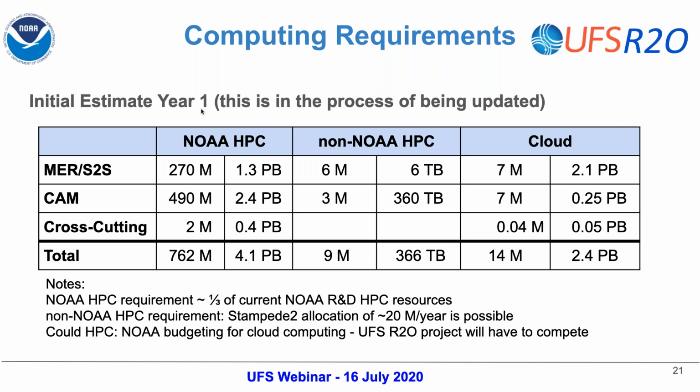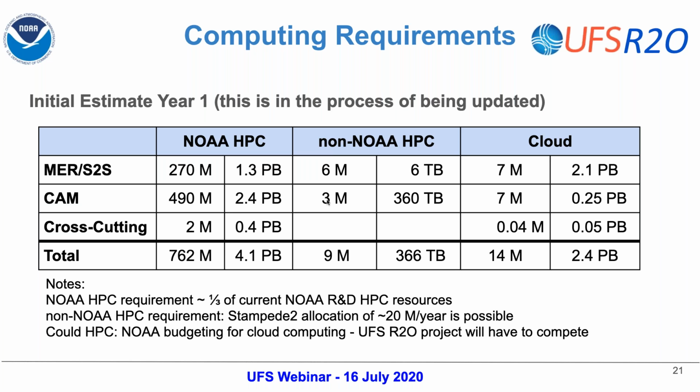And you can see, and this is all just for the first year of this project, we're anticipating in excess of 750 million core hours of computing requirement just on NOAA R&D high performance computing platforms alone. We're hoping to augment that with, and I think these are conservative numbers, high performance computing that we get from non-NOAA sources, primarily large installations funded by the National Science Foundation and the Department of Energy, which of course are competitive.